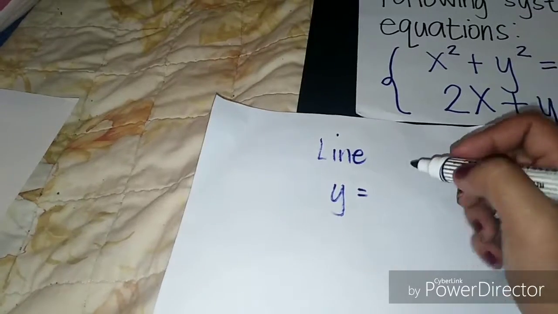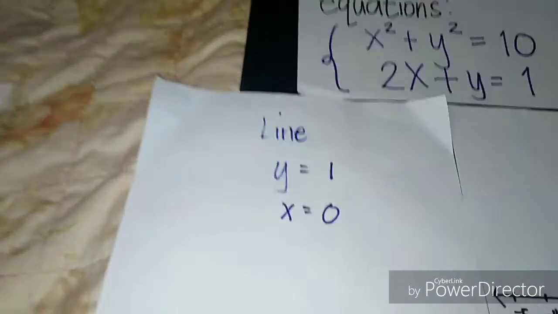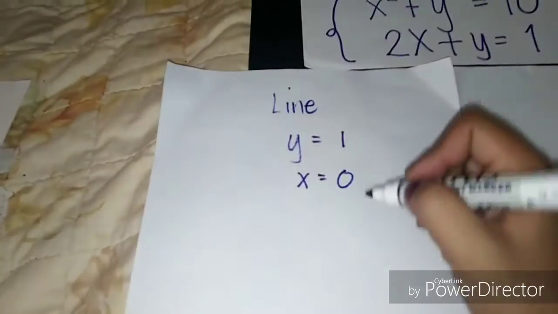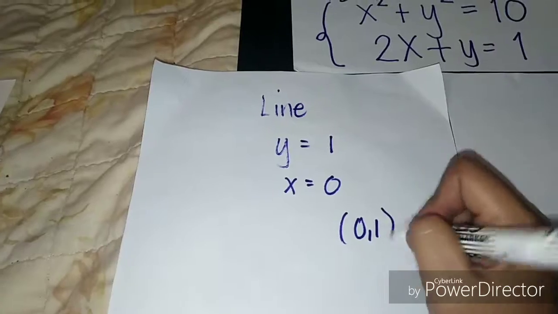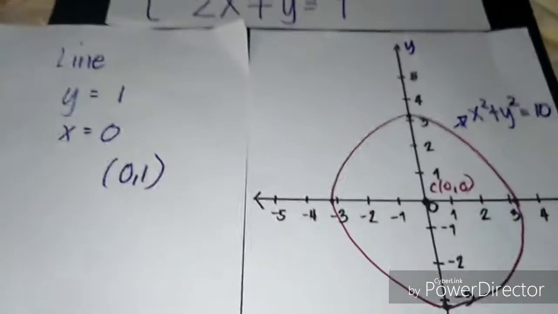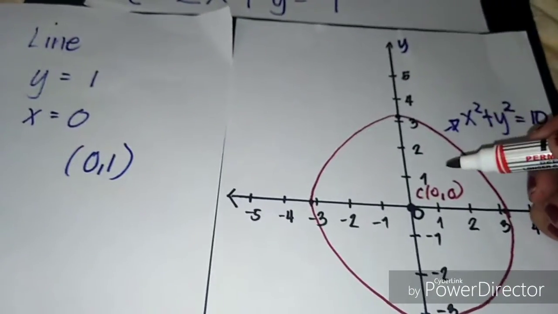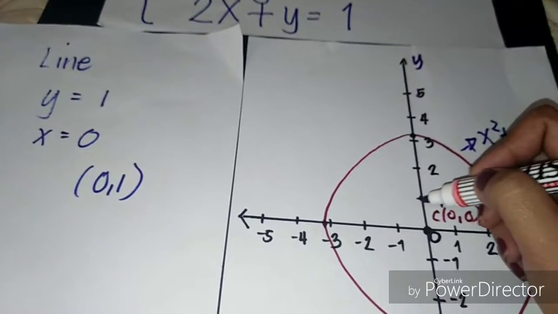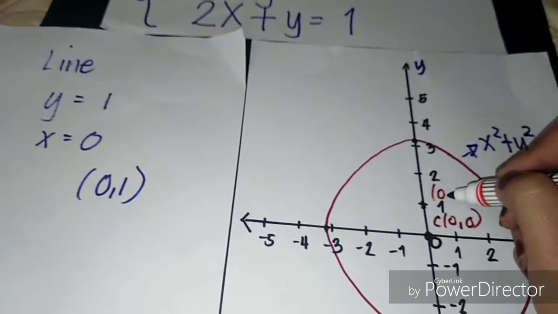And the y-intercept is equal to 1, where x is equal to 0. So to graph that one, coordinates 0 and 1 in the Cartesian plane. So 0 and 1 in the y-axis on the upper part. So here.